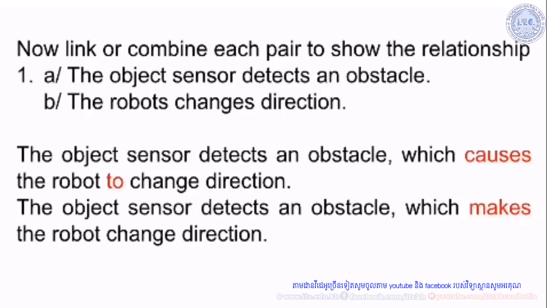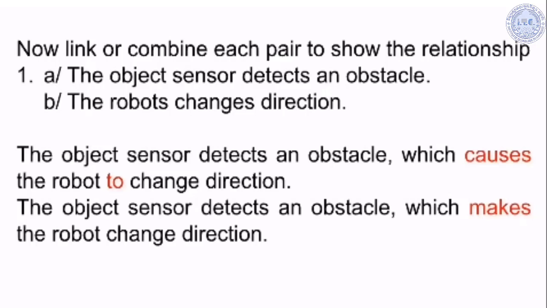So you now see an example. One: the object sensor detects an obstacle. The robot changes direction. So if we put these two sentences together, we come down to the sentence below.